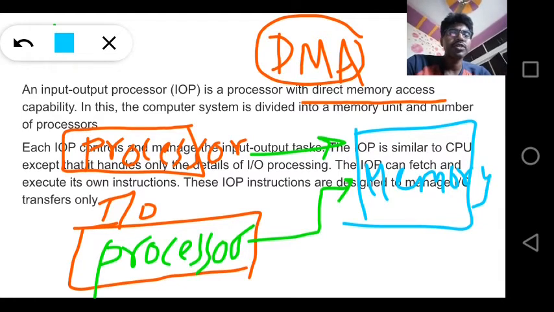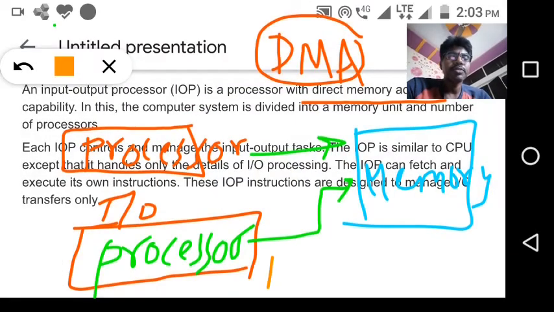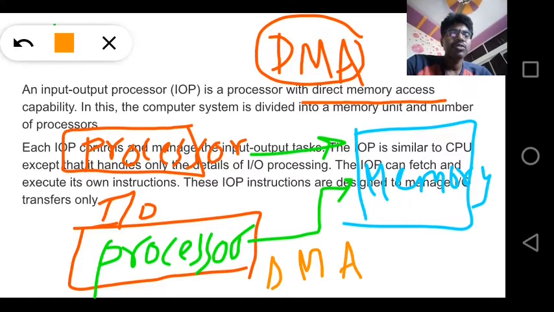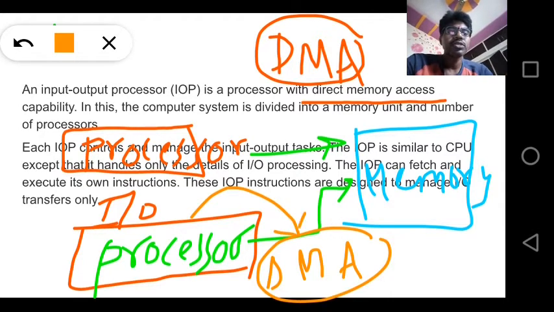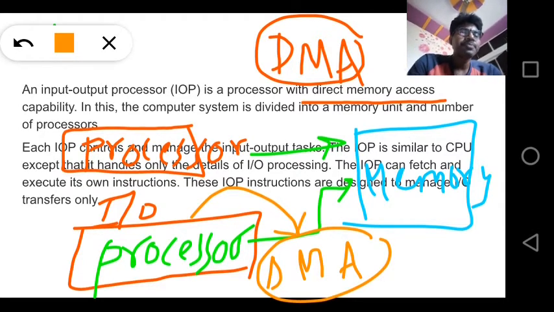We have seen this when we discussed DMA. So this IO processor should have the capability of DMA. DMA stands for direct memory access. Remember, when we discussed IO data transfer techniques, we said that there are different kinds of data transfer techniques, and the most important one is DMA.